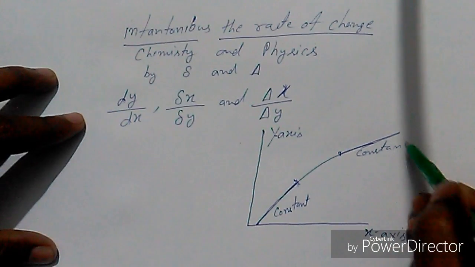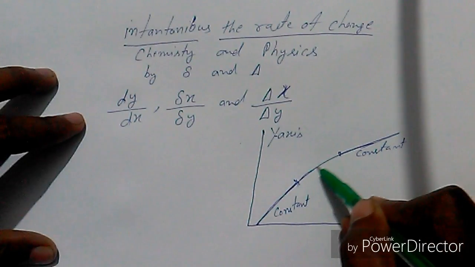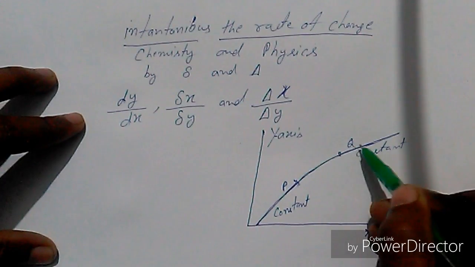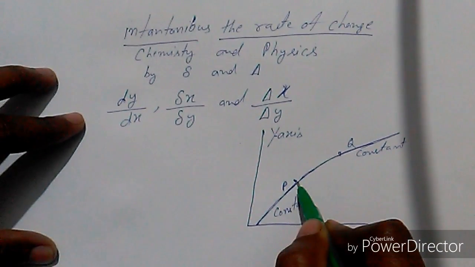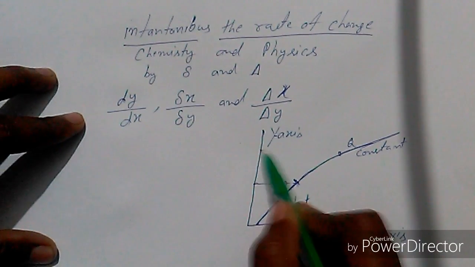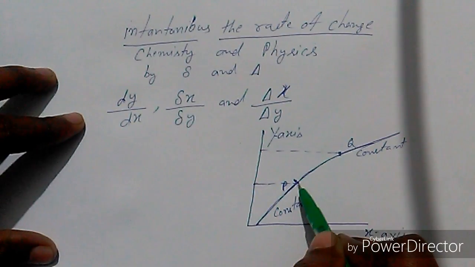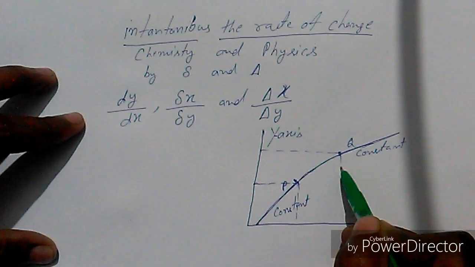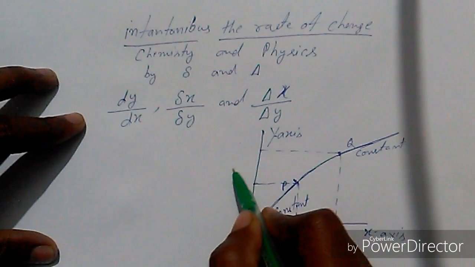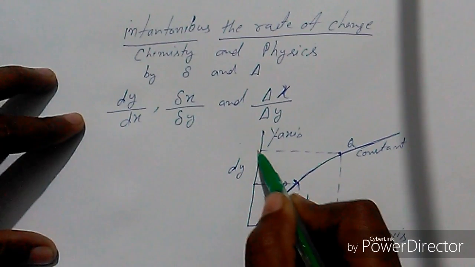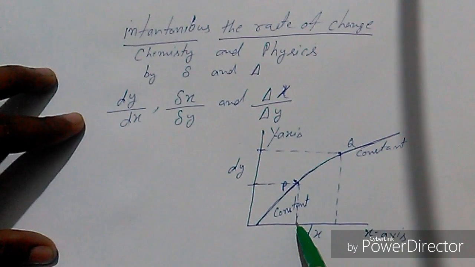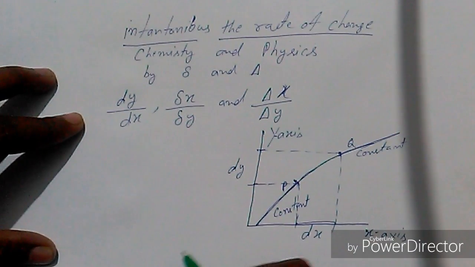And the change comes in this part, between P and Q, and we calculate it by derivation. We draw how much change comes in it and give it a name. On the y-axis we name the small change dy, and on the x-axis dx.